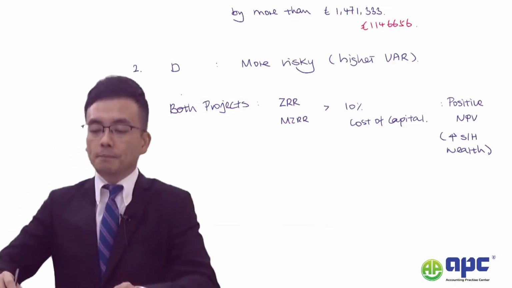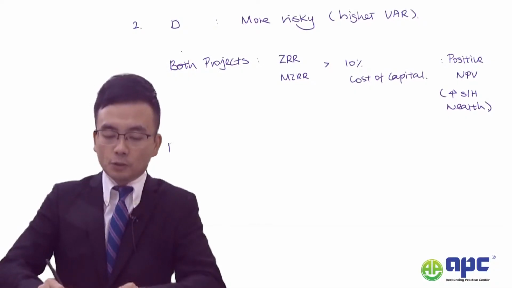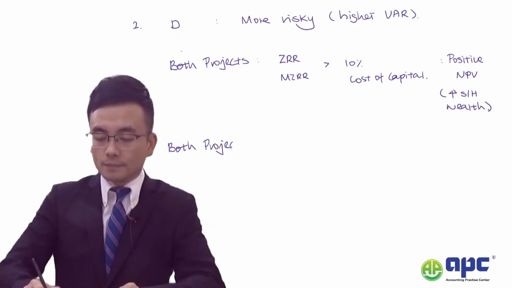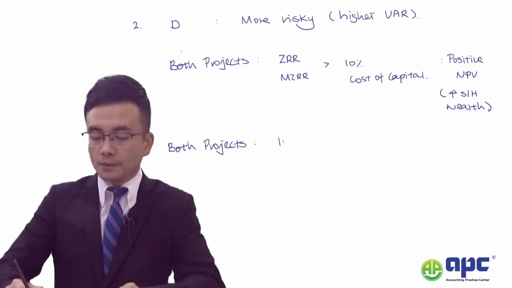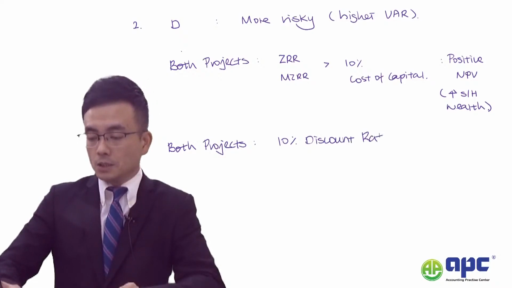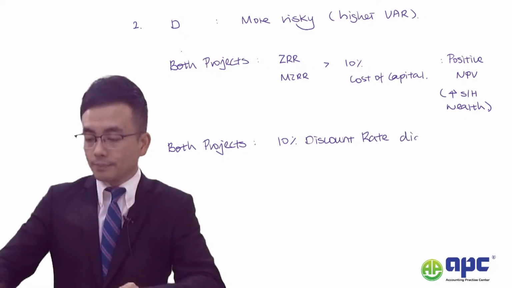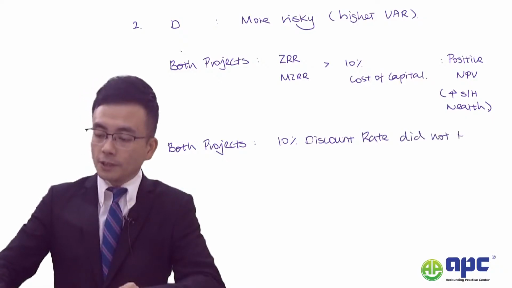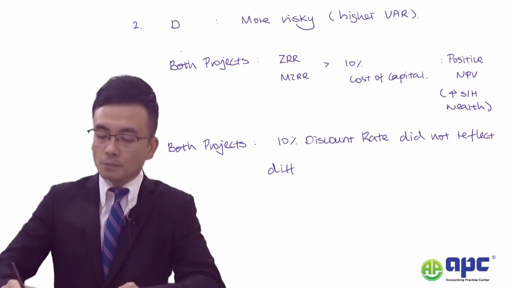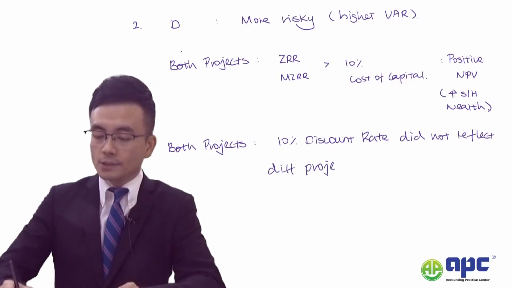So I would say that for both projects, using a 10% discount rate to a certain extent is incorrect or did not reflect different project risks in this particular case.